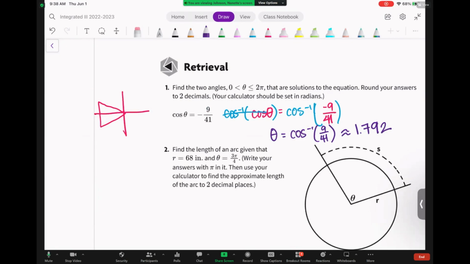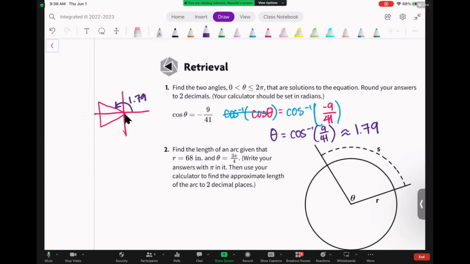Oh, to two decimal places. Shoot, it's just 1.79. I just read this part, two decimals. So now I need to look for the other angle. 1.79 is this guy.